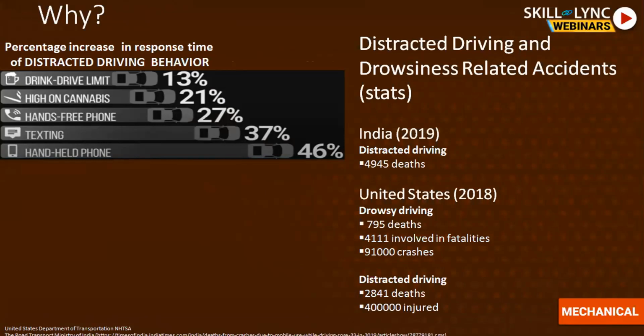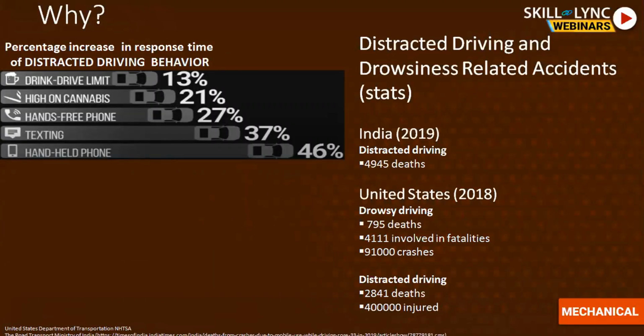The statistics show some numbers for India and the US. In India, in 2019, roughly 4,945 deaths. And in 2018 in the US, for drowsy driving, there were 795 deaths, and for distracted driving, 2,841.